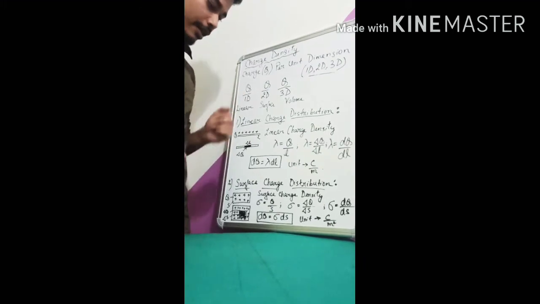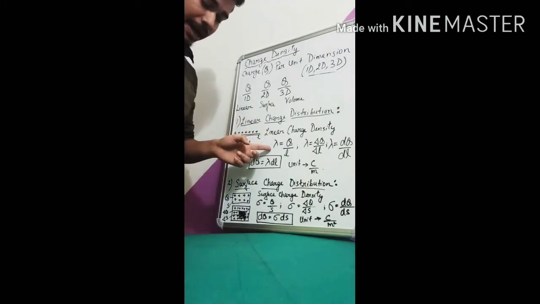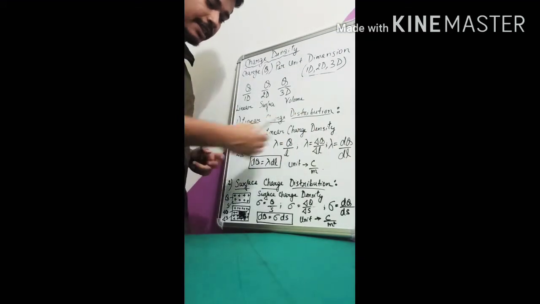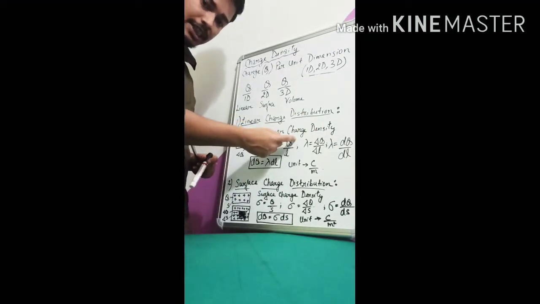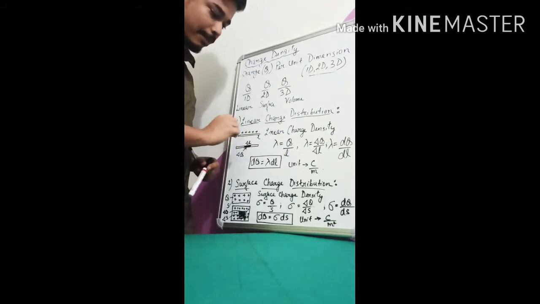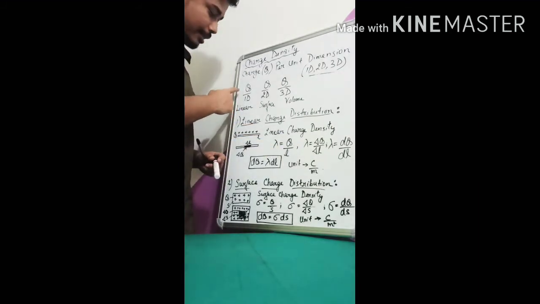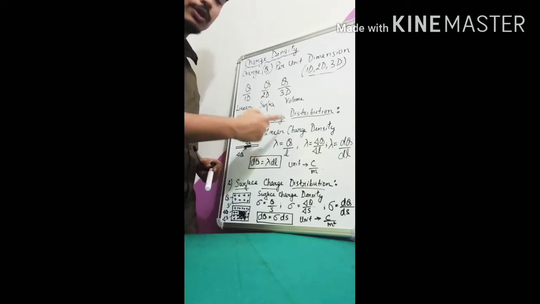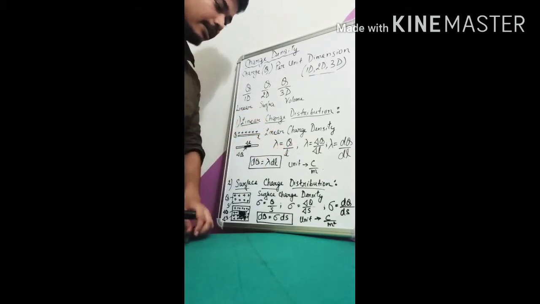It is denoted by the letter lambda. So what is the linear charge density? It is nothing but the total charge on the body divided by its length, as we have said here. It's q divided by 1D. So we write lambda equal to Q divided by length.